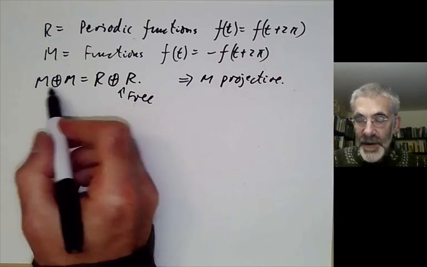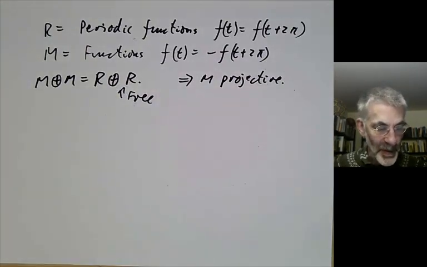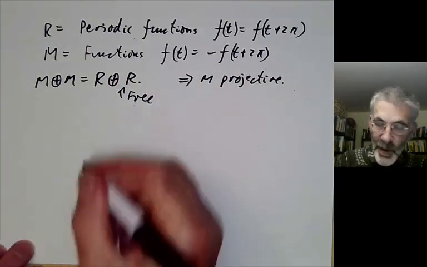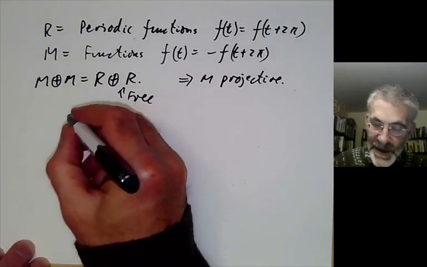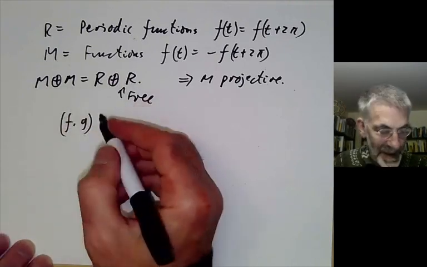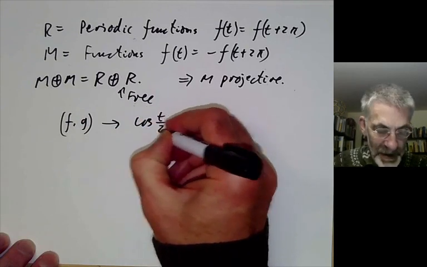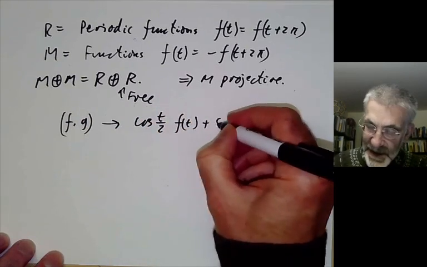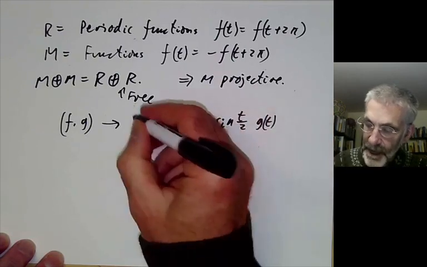And I'm going to give two ways of seeing this, an algebraic way and a geometric way. So the algebraic way says that if you want to map R plus R to M plus M, you take (f, g) in either R plus R or M plus M. It doesn't actually really matter. And then you map this to cosine of t over 2 times f of t plus sine of t over 2 times g of t.